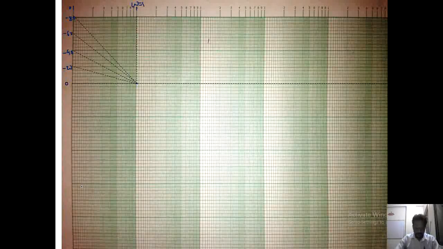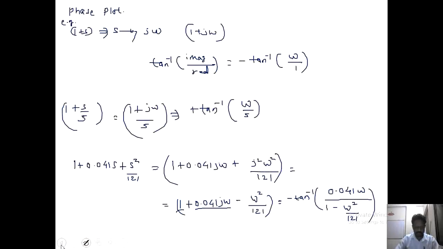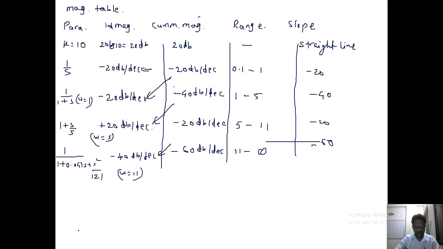Now the very first graph is for K. For K equal to 10, we got 20 dB. 20 log 10 is 20 dB, and the graph is a straight line. So at 20 dB draw a horizontal line.